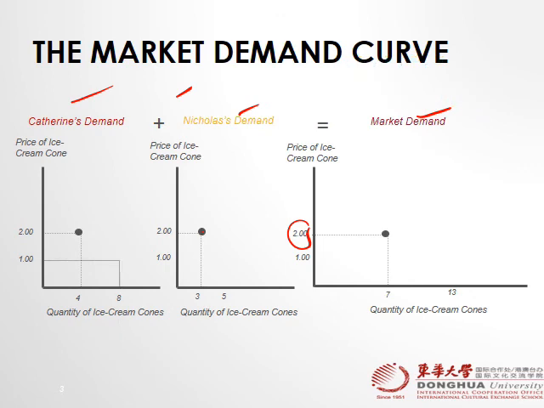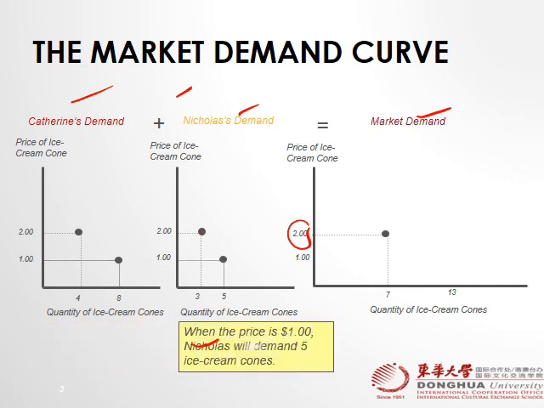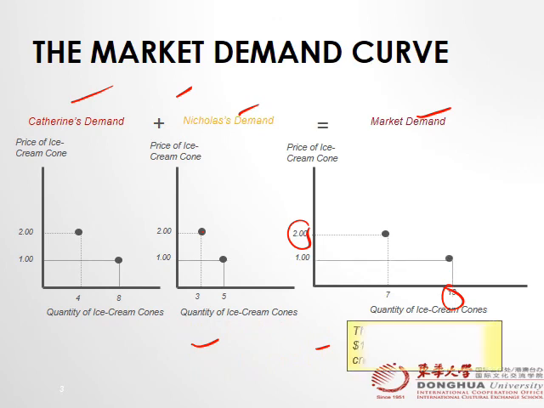Similarly, when the price is 1, Catherine will demand 8 ice cream cones and Nicholas wants to consume 5 ice creams. So 5 plus 8 is equal to 13. So market demand will be 13 at price 1.